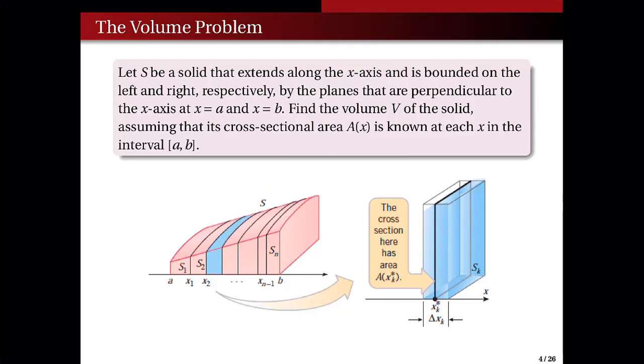It has some thickness. Suppose you get that, and you will have this blue part in here. It's a solid. We call it a slab. So you will have a slab of this whole solid. What we're going to do is approximate the volume of this slab.